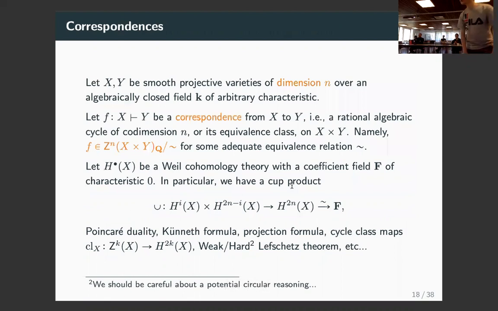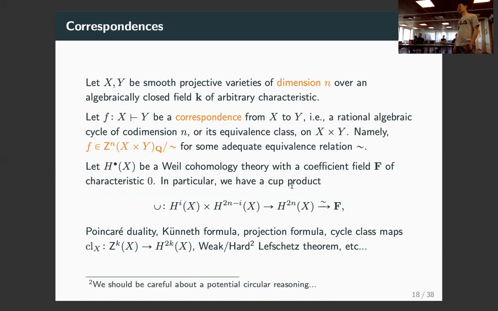Okay, so now I will recall what the dynamical correspondences are. So first, a correspondence from a variety x to y is just an algebraic cycle of codimension n. Here dimension n is the same as the dimension of x or y; all of them have the same dimension. But in practice, we always need to consider some equivalence class.